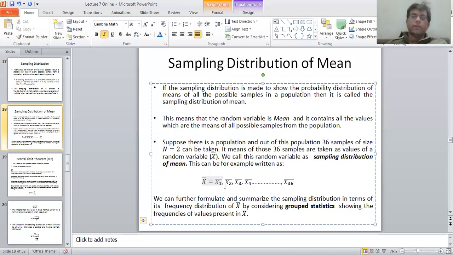So x1 bar, for example, is the sample mean of first sample, x2 bar is the sample mean of second sample, and so on, right? Definitely there would be values in the means which would be repeating, rather coming more than once. So we can also find the frequency distribution in this sampling distribution of mean using the group data statistics method that we have studied earlier before.